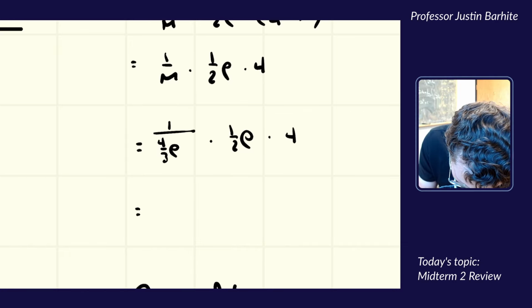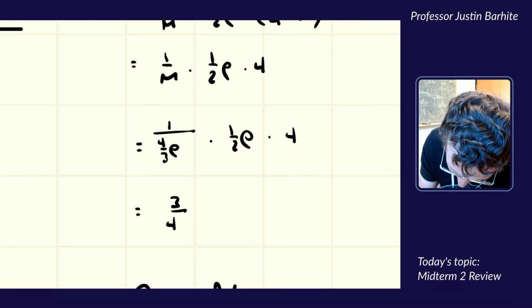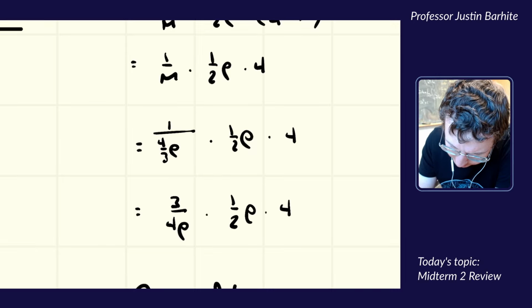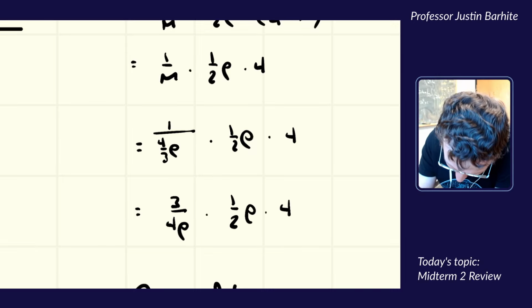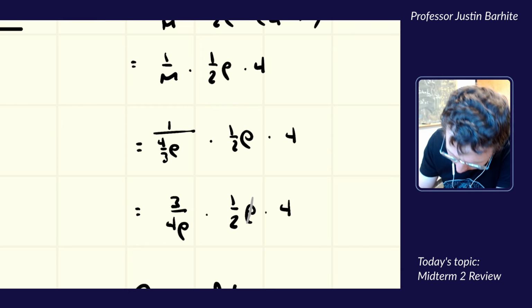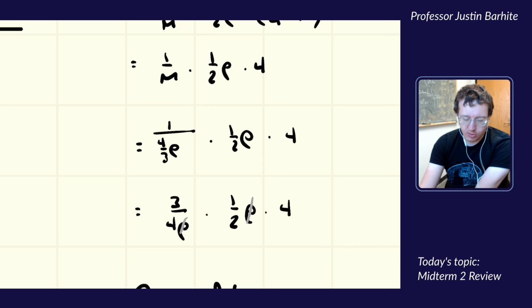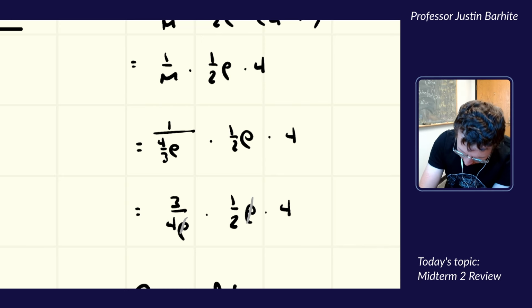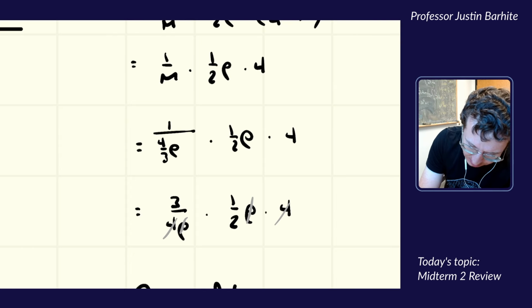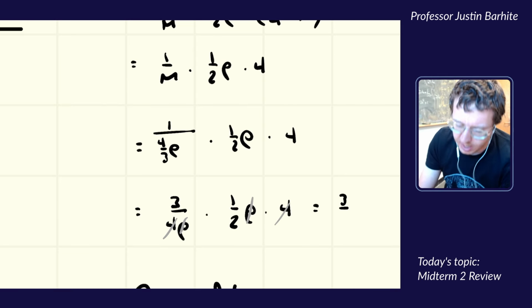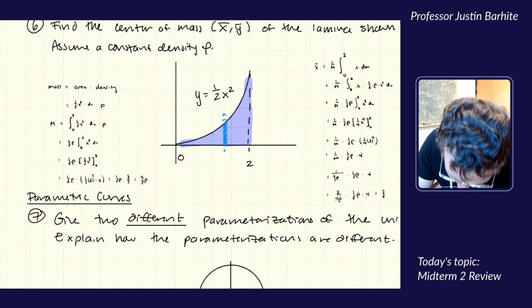That's 3 over 4 rho times 1/2 rho times 4. A lot of stuff cancels out here, which is nice. The rhos cancel, which of course they have to. The answer shouldn't depend on the density. The 4's cancel, and I'm just left with 3/2, which is 1.5. So right about here.